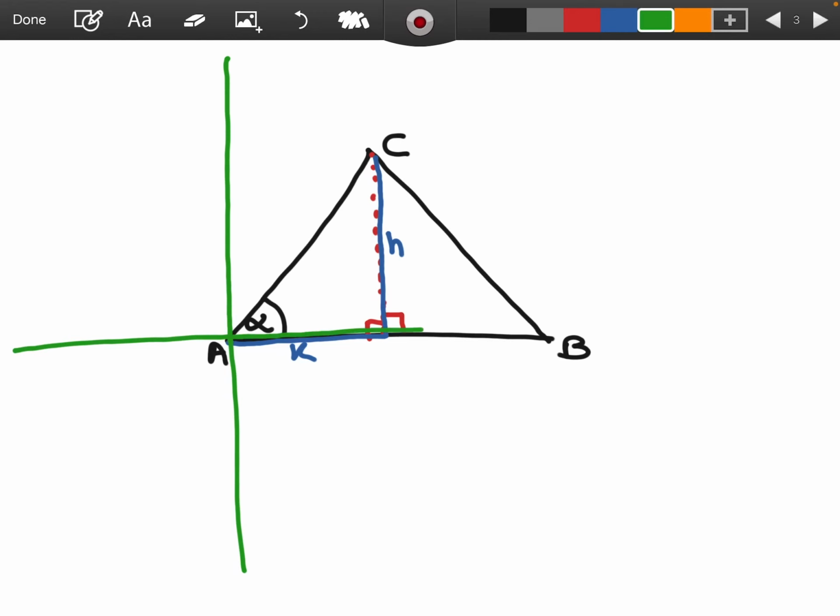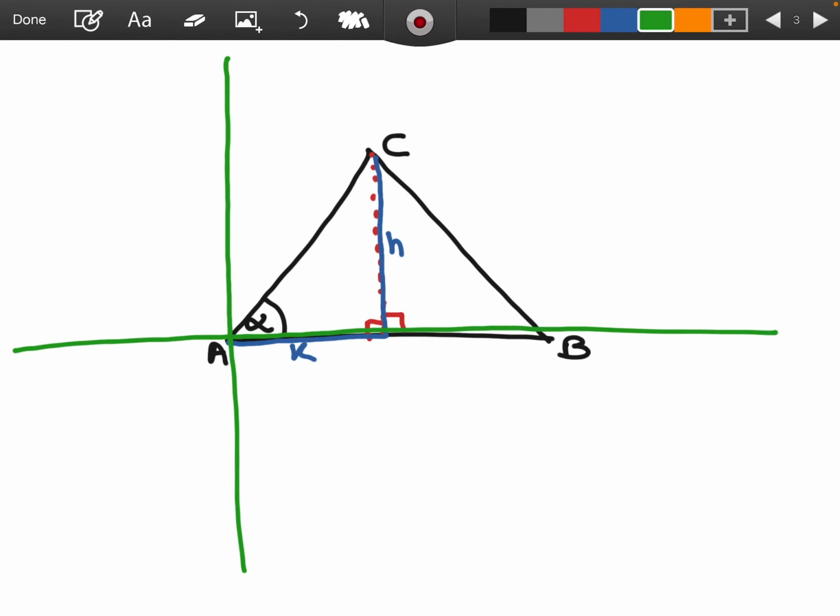This means that the bottom line of this triangle lies on the positive x-axis, and alpha is in standard position. So the terminal side of alpha is swept out from the positive x-axis through to that line AC. So that angle alpha is now in standard position.